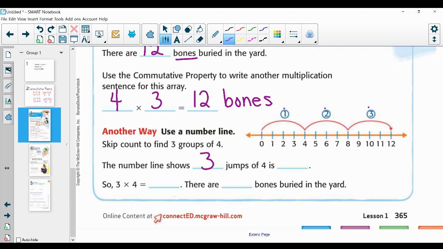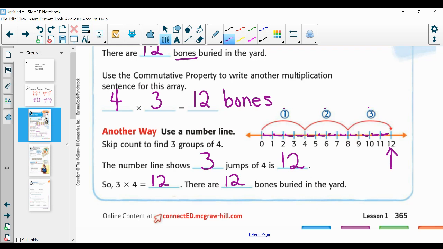And notice that there's 4 in each jump. 1, 2, 3, 4. 1, 2, 3, 4. 1, 2, 3, 4. So there's 4 spaces that we jumped over in each jump. And that brought us to 12. So 3 times 4 equals 12. There are 12 bones buried in the yard.